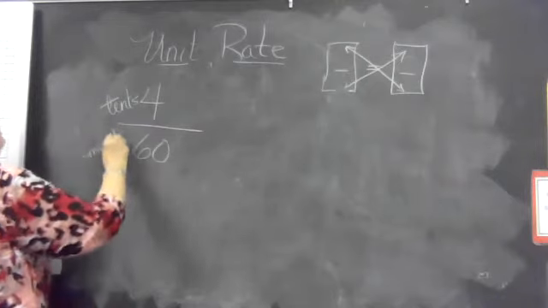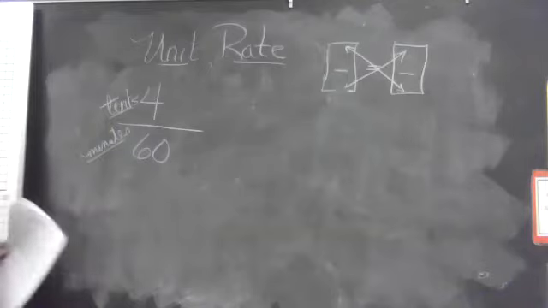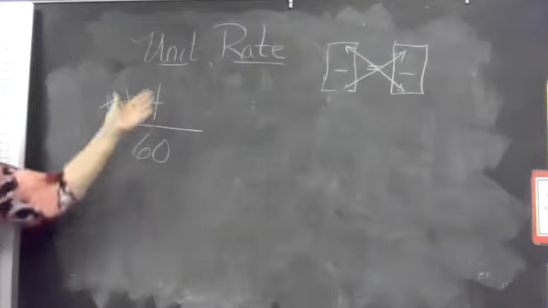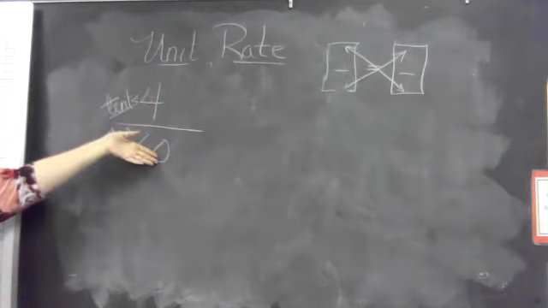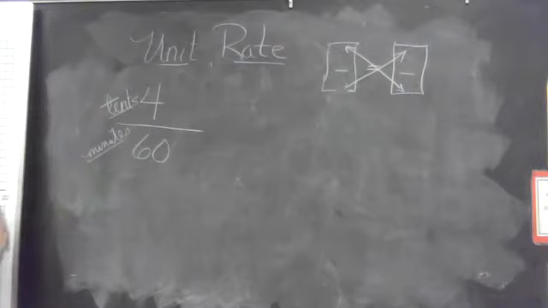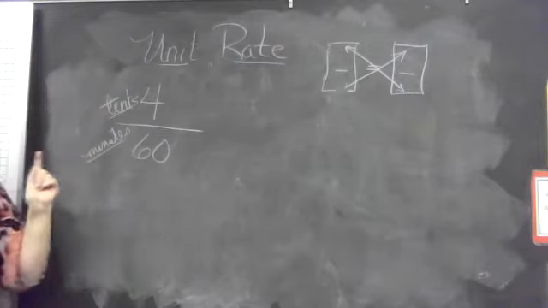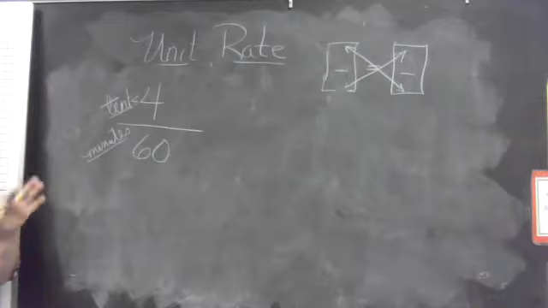Now, the reason I'm writing this information out to the side is because I can set this up any way I want to. I could put the minutes on top and the tents on the bottom. But whatever I do, you need to specify here because the other part of the proportion, you're going to set up in the same pattern. And the second one will involve an X or an unknown.